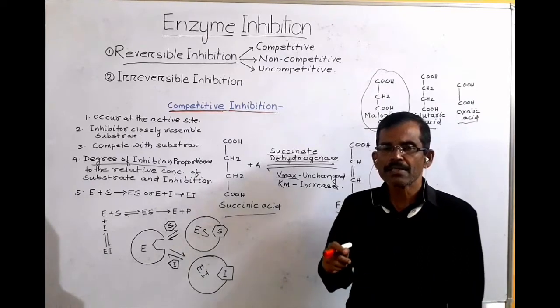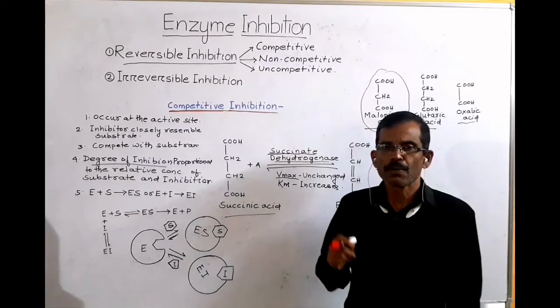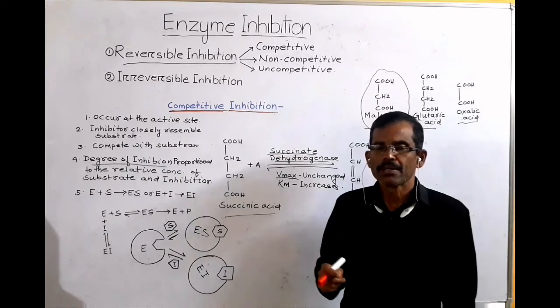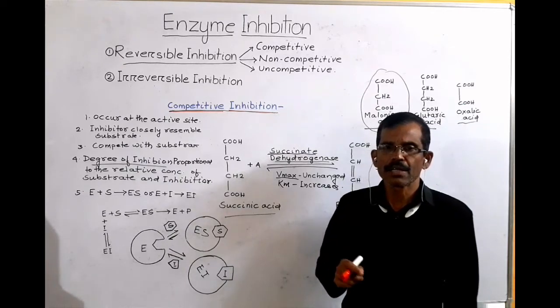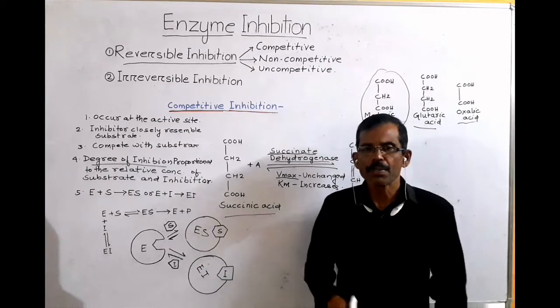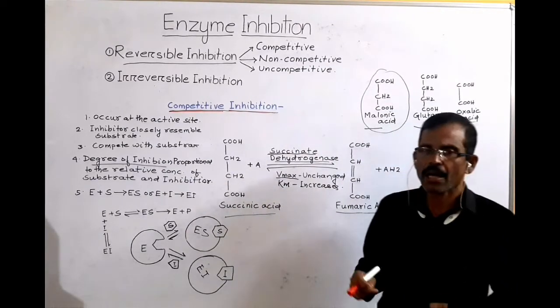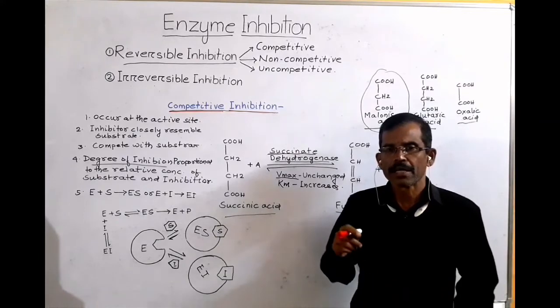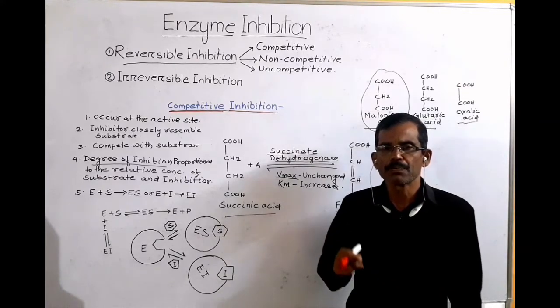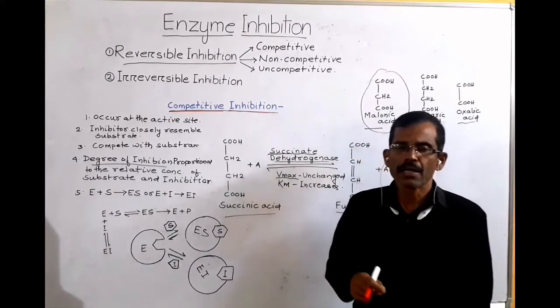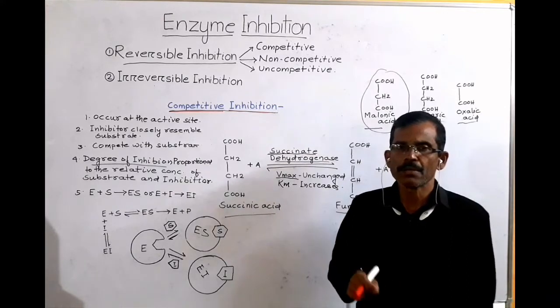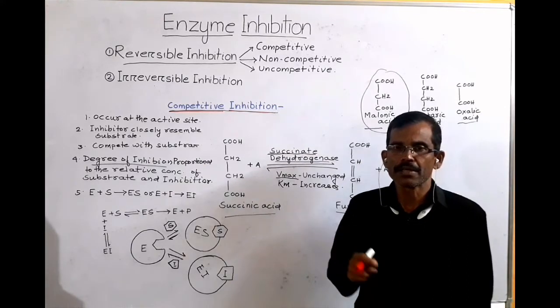These inhibitors are regarded as substrate analogs because they closely resemble the substrate. Competitive inhibition is also called substrate analog inhibition. The degree of inhibition is proportional to the relative concentration of inhibitor and the substrate.